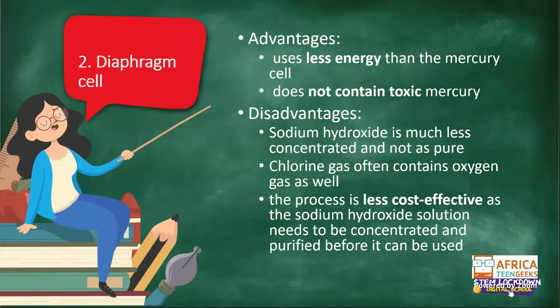And in your chlorine gas, you can often find some oxygen because of the water that was also on the anode side. And so it becomes less cost effective because you have to take your product and run it through another process to purify it even more. So the diaphragm one is better in terms of the environment, but it becomes more costly because your products aren't as pure as they should be.